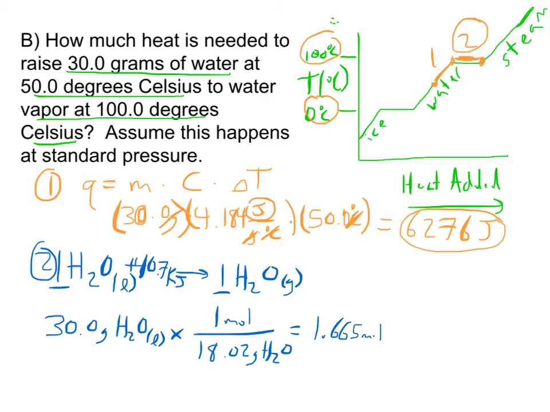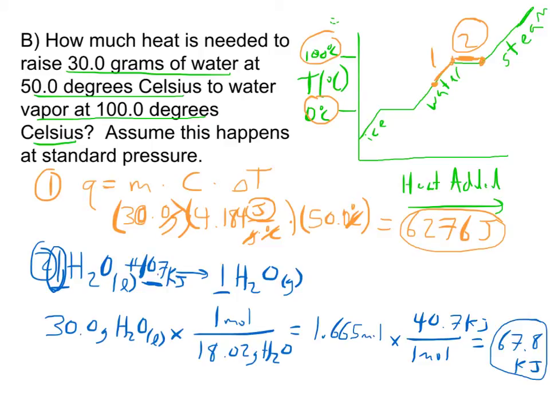We know that for every 1 mole of water, it requires 40.7 kilojoules of energy to change to gas. So we're going to multiply this number by 40.7 kilojoules, and that will give us 67.8 kilojoules.